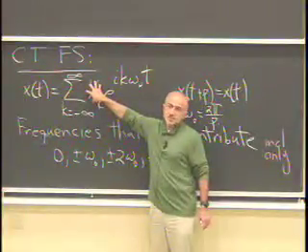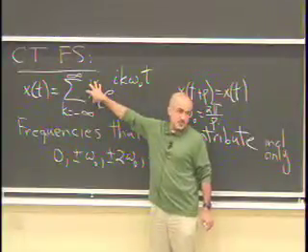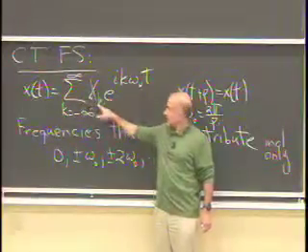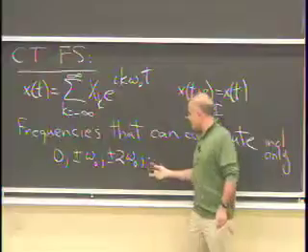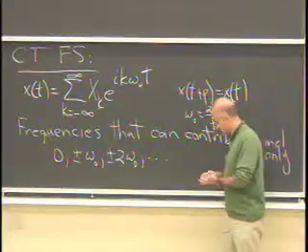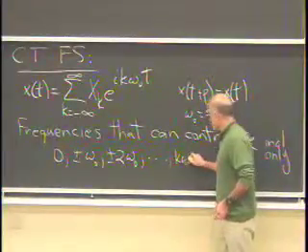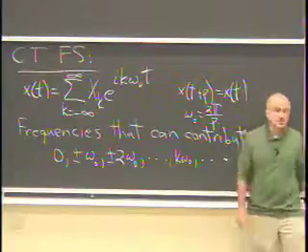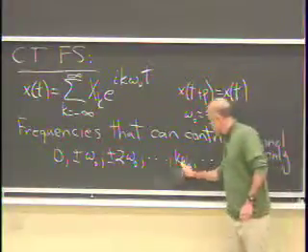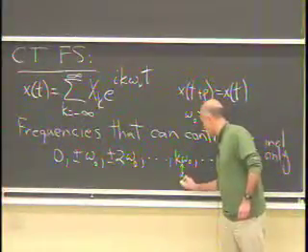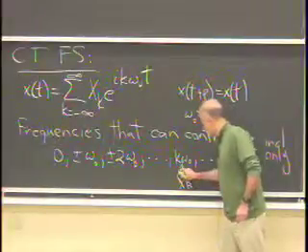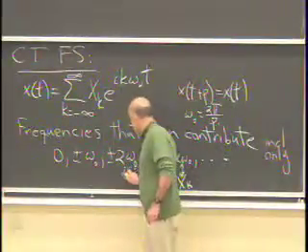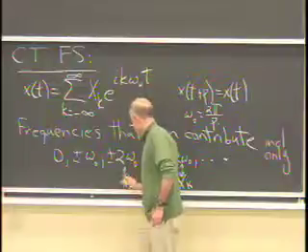The X sub k's describe the frequency domain behavior of the signal. The kth term tells you how much of frequency k omega naught is present in the signal. So each of these is associated with a coefficient, x sub k. This one with coefficient x sub 2.